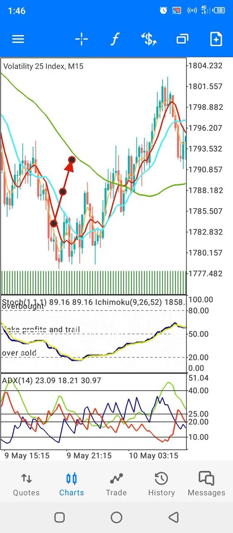It is very possible. Look at it. When the trend got to this level, look at the crossing. Only the crossing between the 60, 14 and 7 moving average gave us this little buying position.